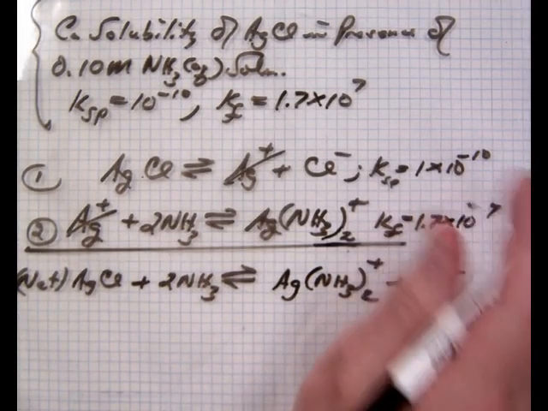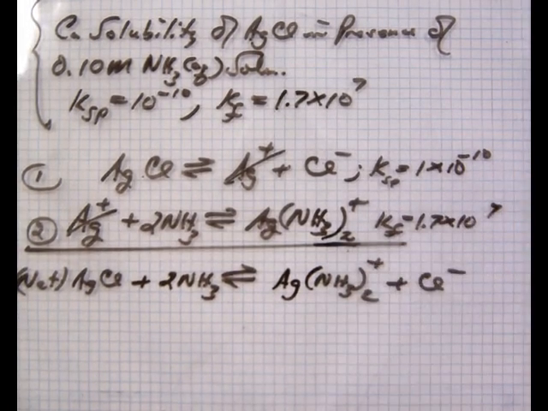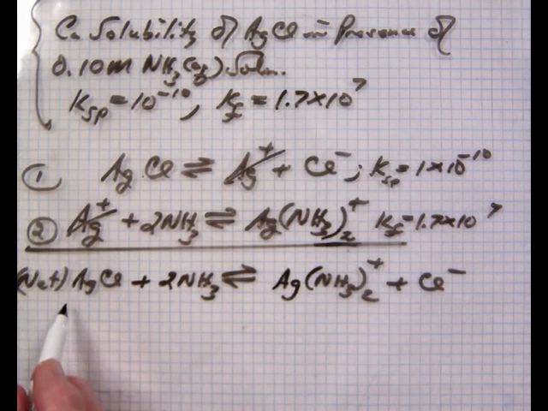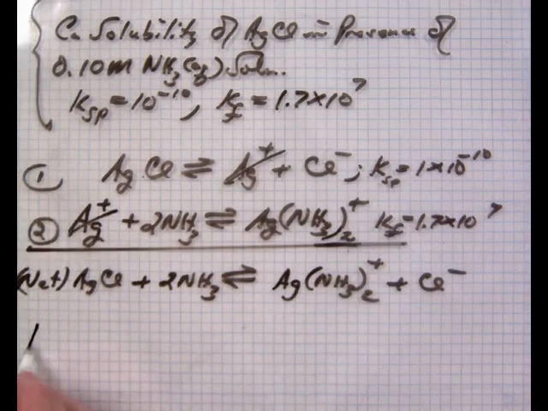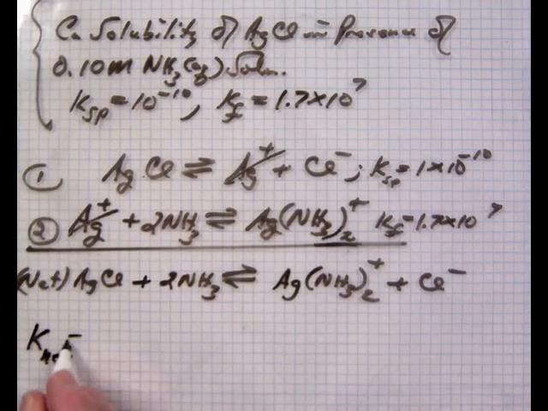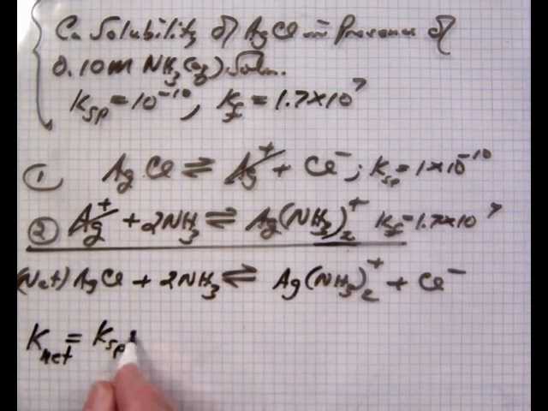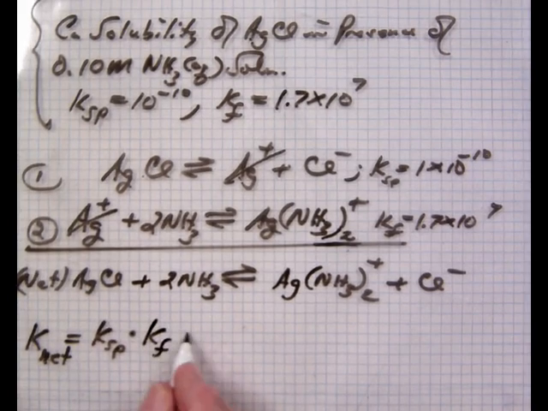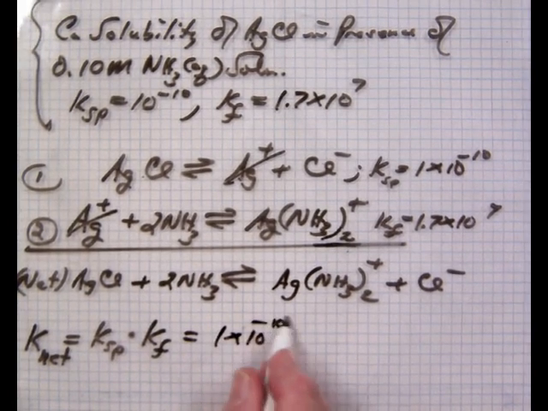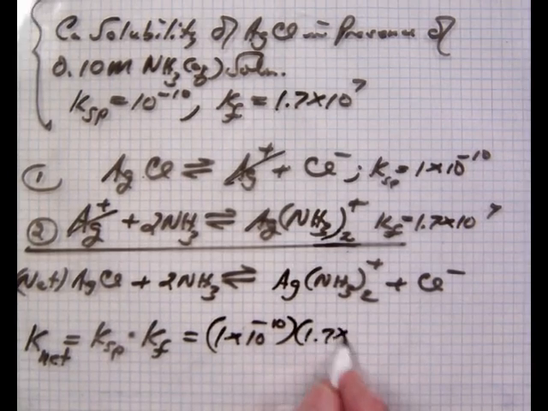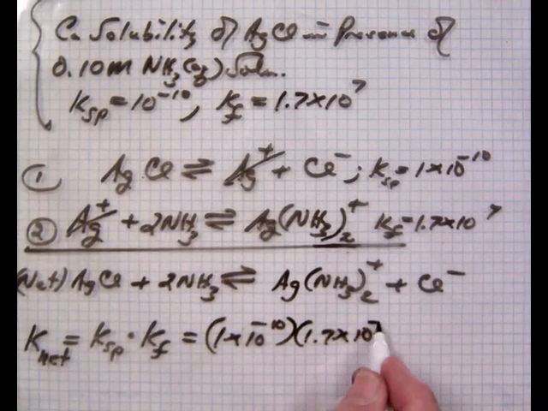When you add two reactions together to get the K value for the net reaction, you multiply the individual K values together. So the K net is KSP times K formation, which is 1 times 10 to the minus 10 and 1.7 times 10 to the plus 7.